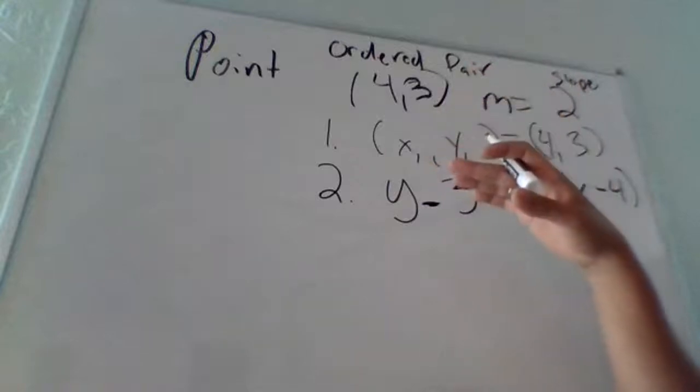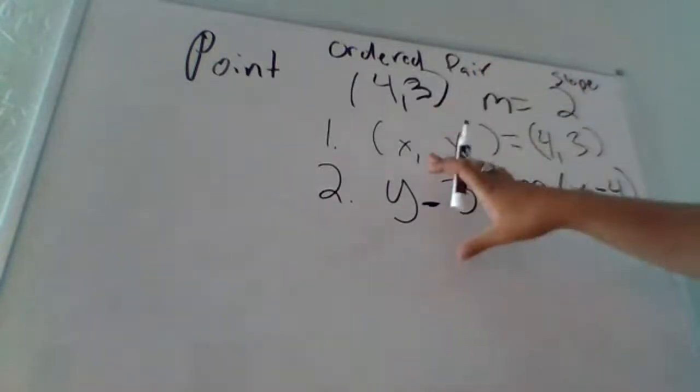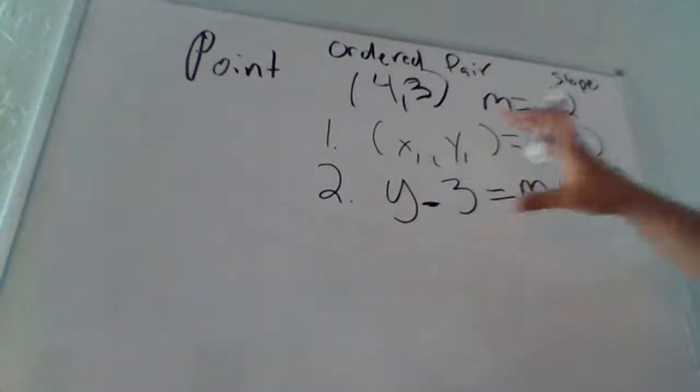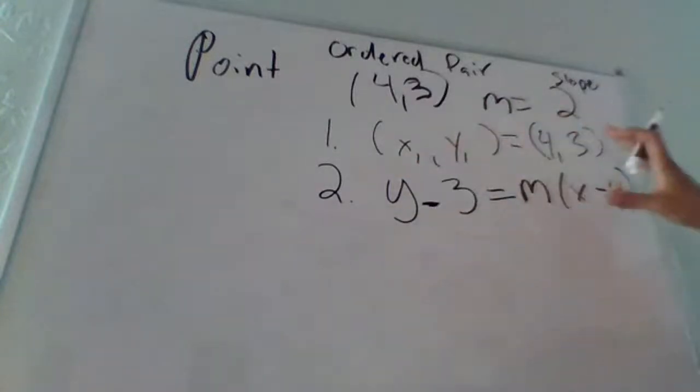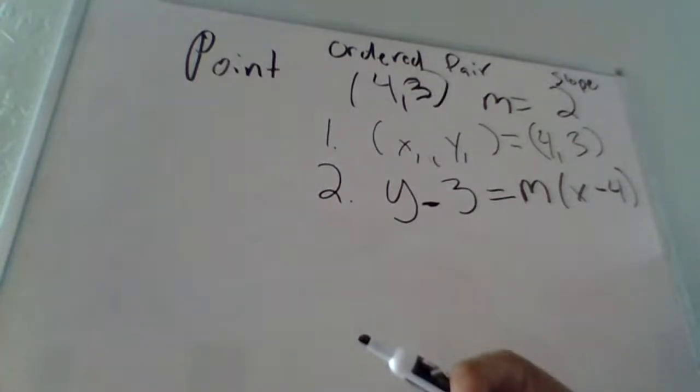This is another way of doing it where we're basically plugging it back in. Almost the same thing. We're trying to get rid of what these values are so we can get it back into slope-intercept form. We're trying to make it easy for us to simplify the equation so we can find the slope-intercept form.